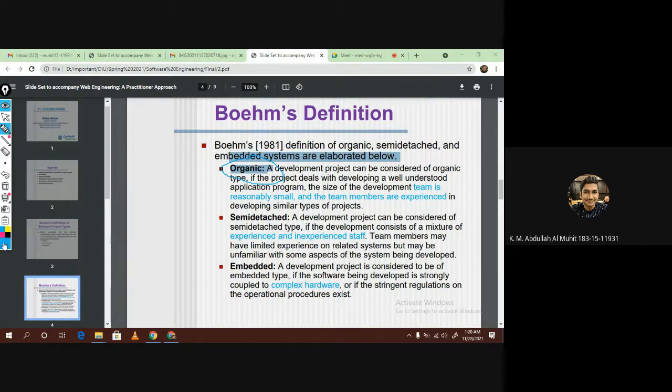In semi-detached, there is a mix of experienced and inexperienced staff. And embedded, which is very complicated, is strongly related to complex hardware.